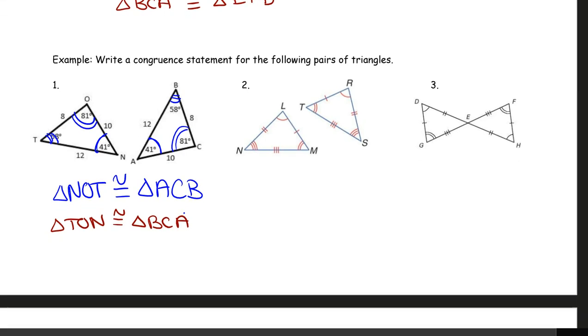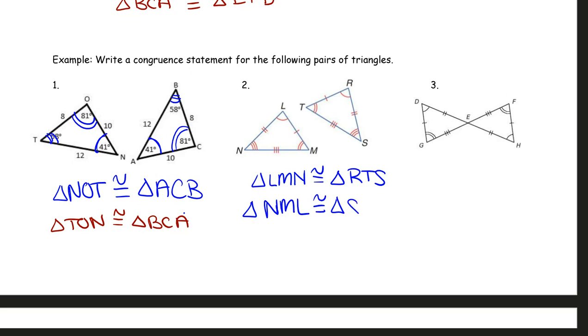All right, let's look at number 2. I'm going to call this first triangle LMN, which means I would have to call this one RTS. If your answer doesn't look exactly like mine, remember, that's okay. Because what if I called this NML?